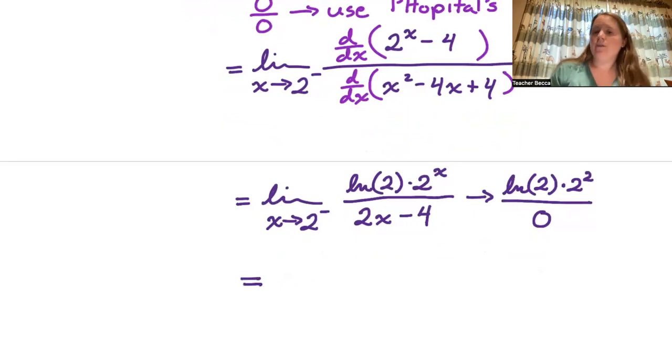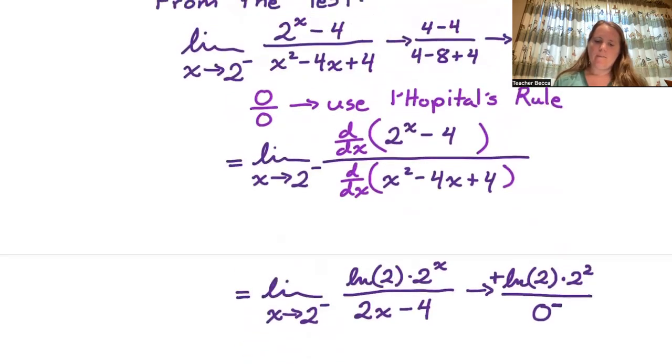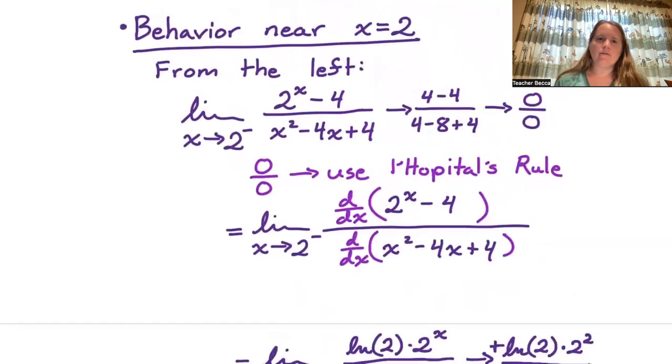Well, that numerator is positive. 2x minus 4, coming from the left, will be negative. So we're approaching 0 from the left. So this should go to negative infinity on the left. So coming from the left, we're going to negative infinity.